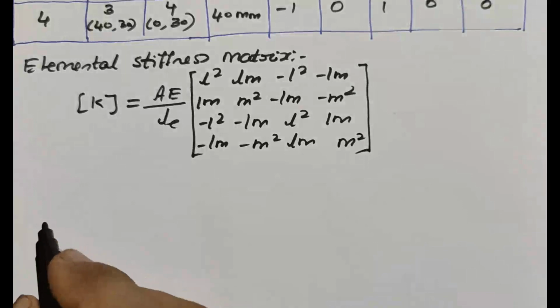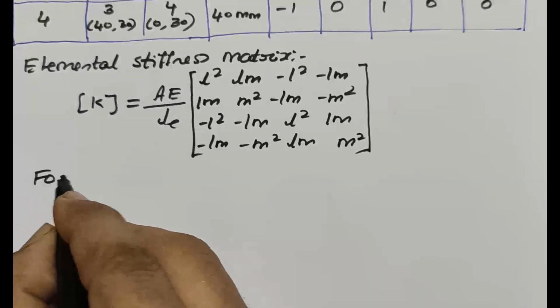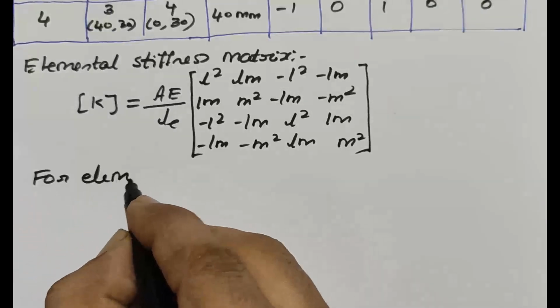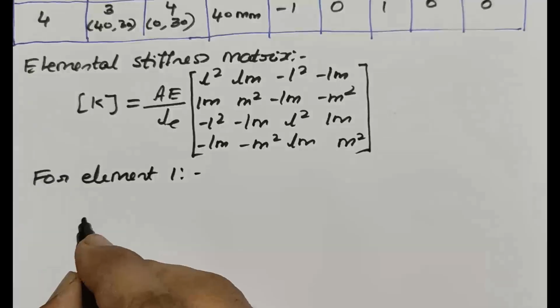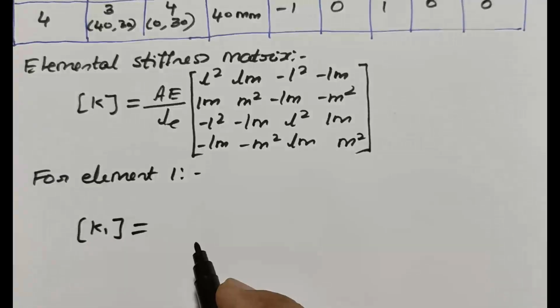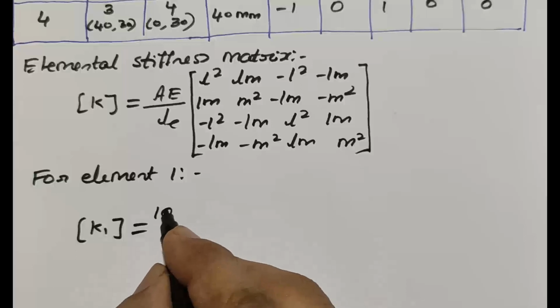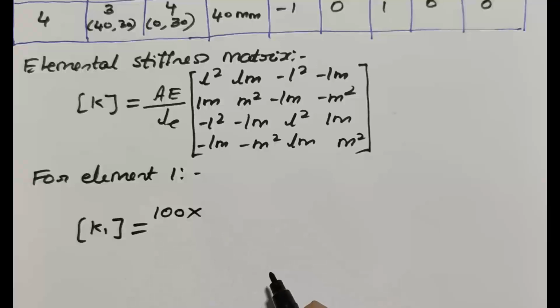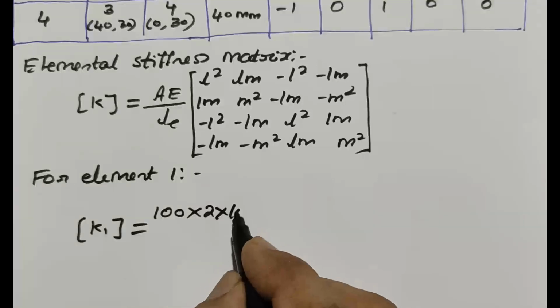Next, for element 1, K1 is A1, which is 100 mm square area, into Young's modulus, 2 into 10 power 5 Newton per mm square.